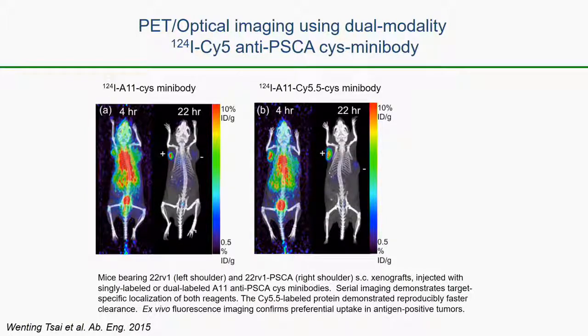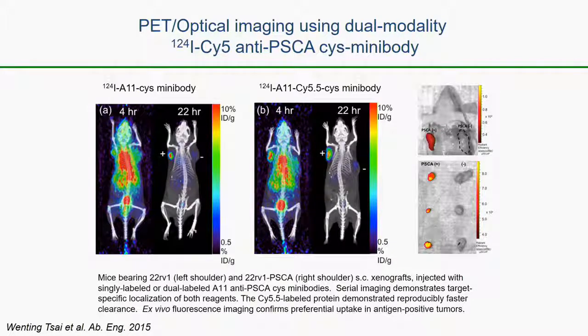This first set of micro-PET images shows you that if you make sure that you don't over-modify the protein, then the presence of the Cy5 dye on that minibody labeled with I-124 has no impact on the targeting, clearance, localization and imaging ability of that dual-labeled agent. Then you can subsequently take the mice, and in this case we've peeled back the skin so you can visualize the PSCA positive tumor on the left shoulder versus the negative tumors on the right. And this allows you to use the same agent in both the preoperative and the intraoperative setting.